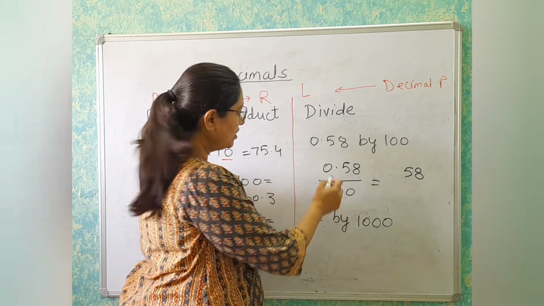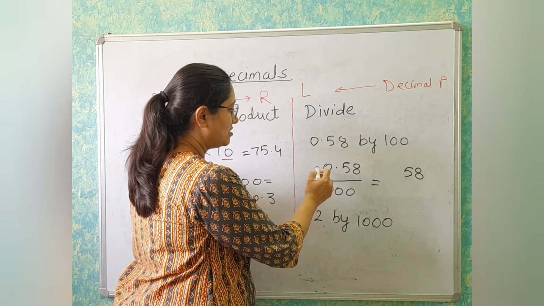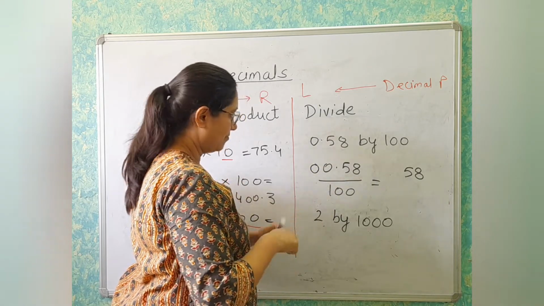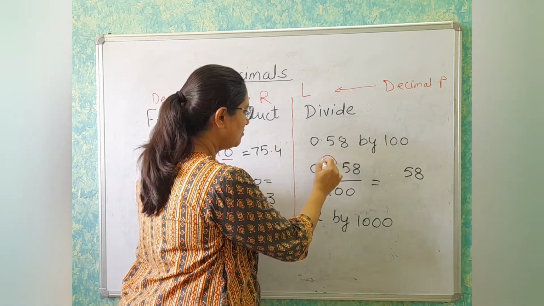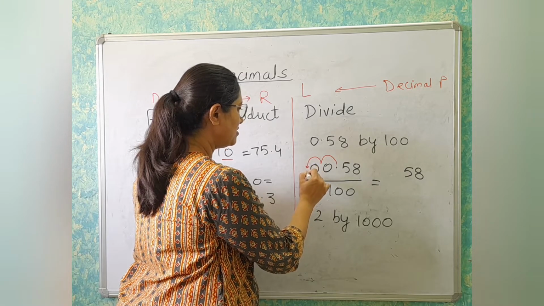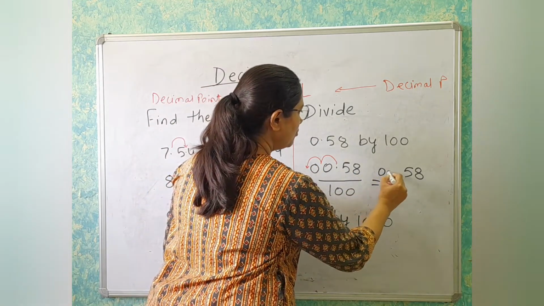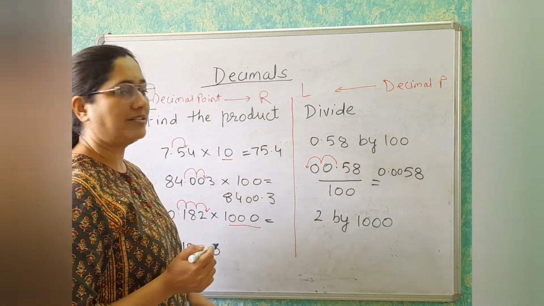Now I have to shift the decimal point up to two places, but there is just one place. So I will put one more zero, and now this decimal point will shift two places, one place and two places. So our answer will be 0.0058. This is the answer.